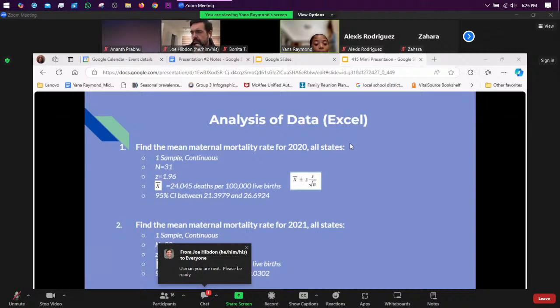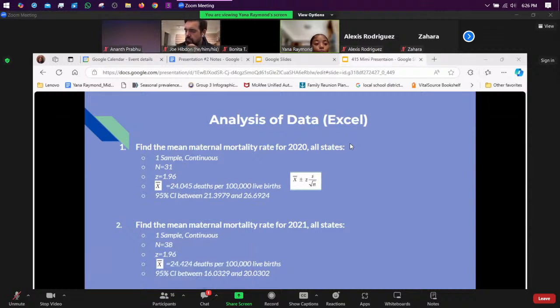I used Excel to calculate the 2020 mean maternal rate, which is 24.045 deaths per 100,000 live births. The analysis showed that we are 95% confident that the true mean for maternal mortality rate in this sample is between 21.398 and 26.692. I did the same analysis for a 2021 sample and concluded that we are 95% confident that the true mean for maternal mortality in 2021 is somewhere between 23.425 and 27.42.